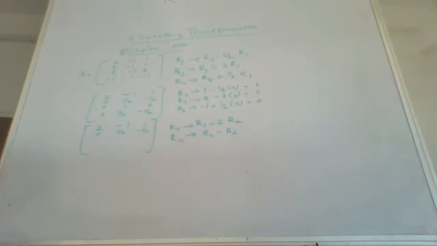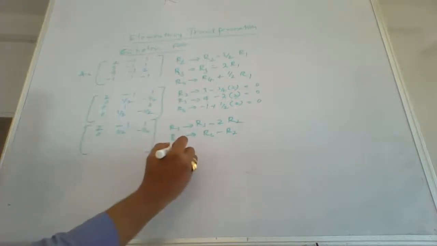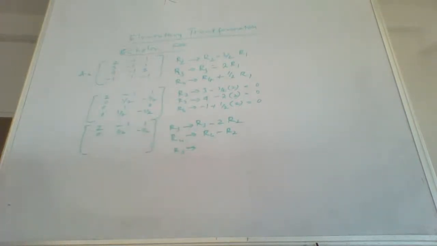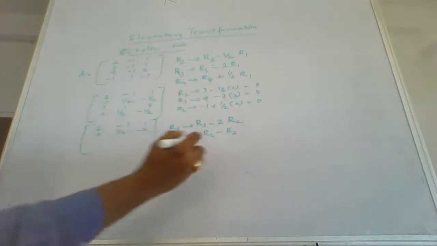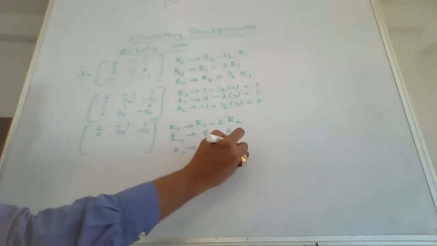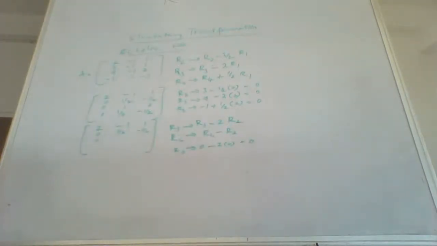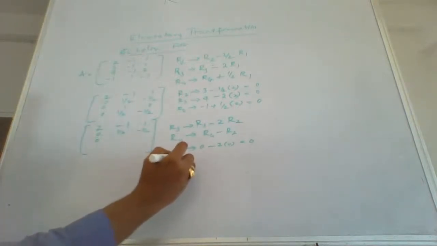So R3 here, which you see, is 0. And 2 times R2 is also 0. So that results in 0. So R3 will be 0. Next, let us see what R4 is.